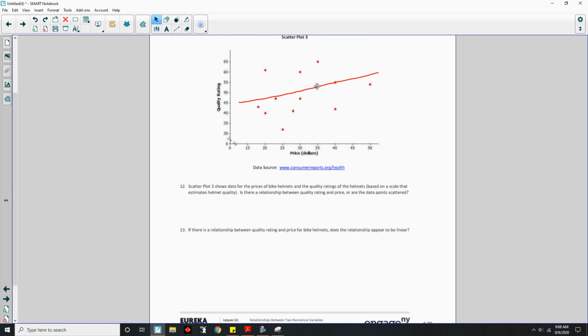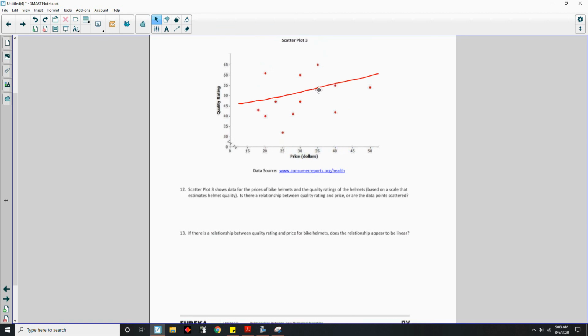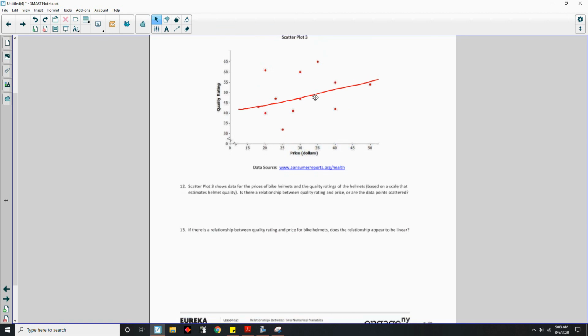The best one, if we were to call this linear, might be right about here, but these points down here are way off. These just look like they're randomly shot around the board, if you will, and there's not much of a correlation or a relationship. So it's just a scatter. So there is no relationship, the points are simply scattered. So let me get rid of this line because it's not linear. Okay, so it's just scattered.